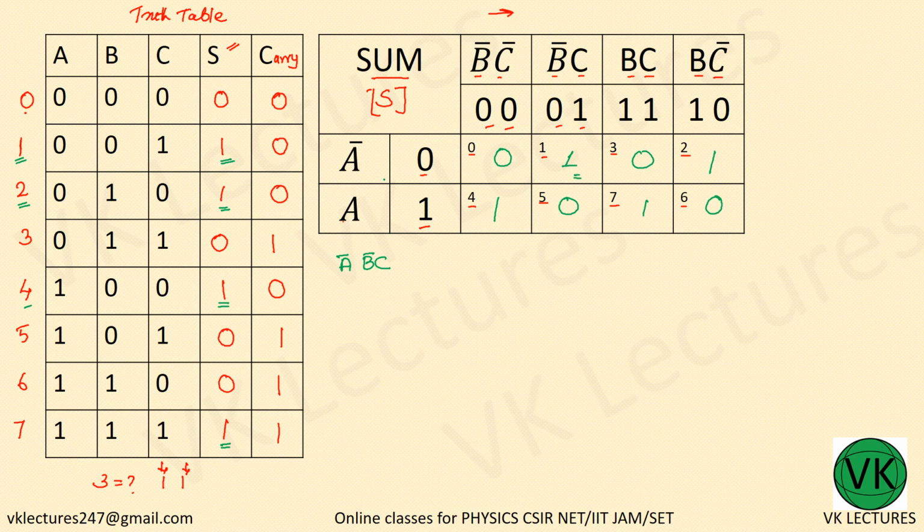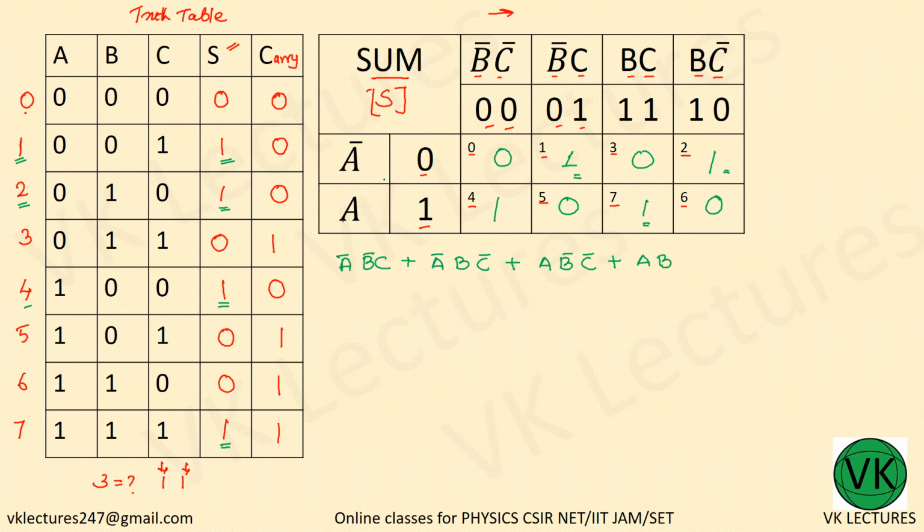Then we have A bar, B C bar, plus A B bar C bar, plus A B C, right?